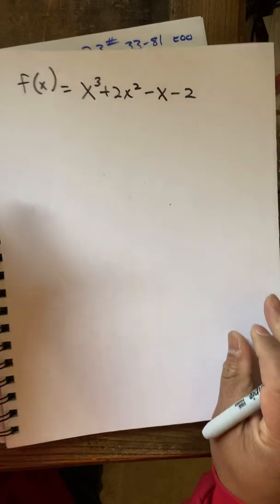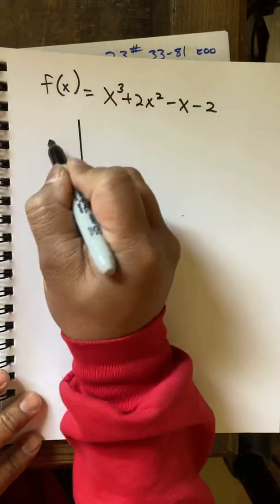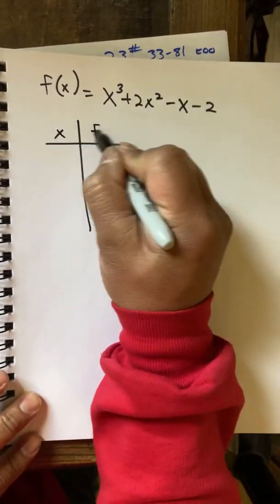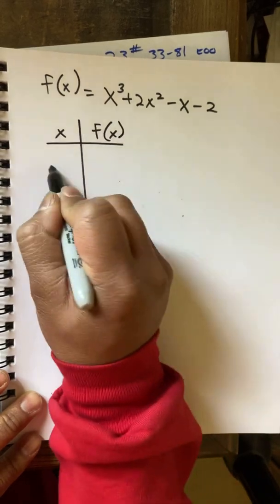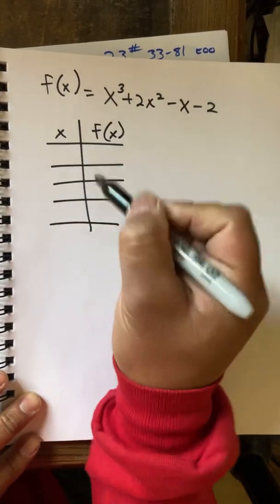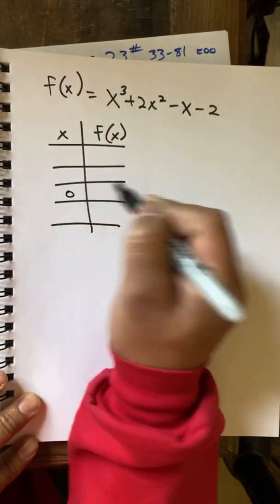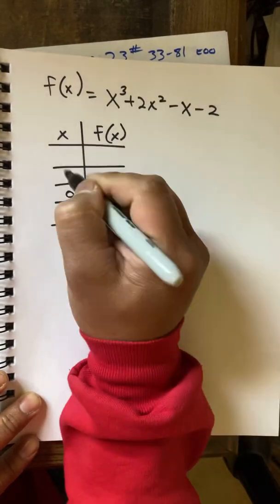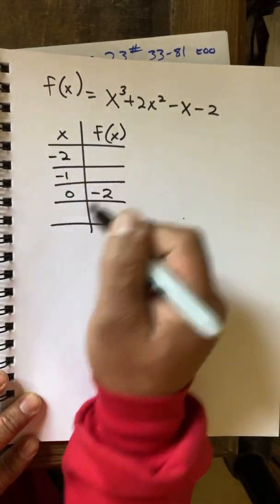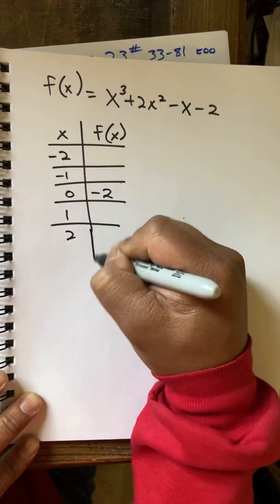I'm just going to go ahead and do a t-table: x, f of x, and do some calculations in my head. I know that at 0, this is -2. I'm going to go ahead with -1, -2, 1, and 2, like that.